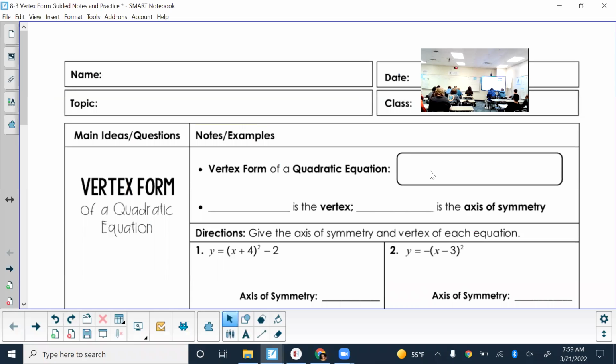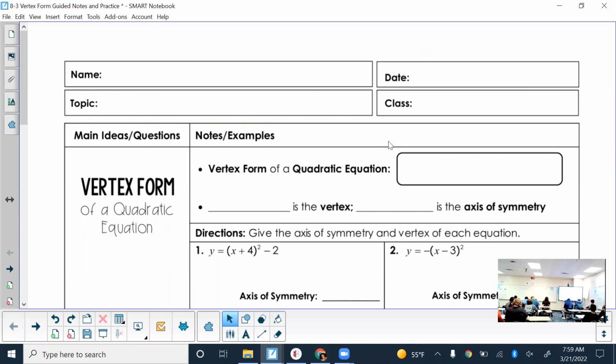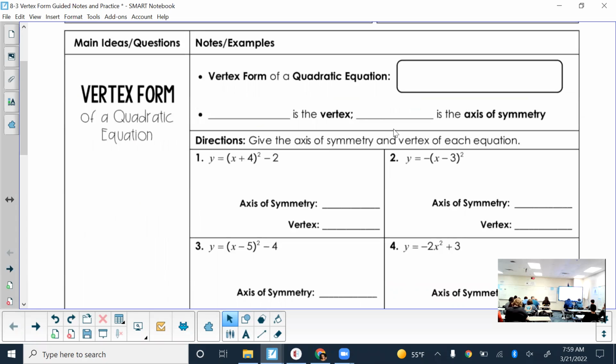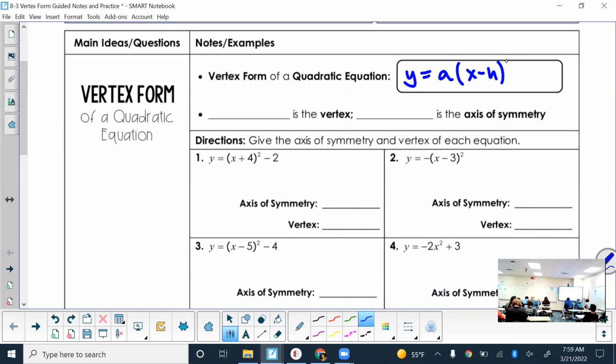All right, so then starting with the notes, the vertex form of a quadratic equation is y equals a(x minus h) squared plus k.